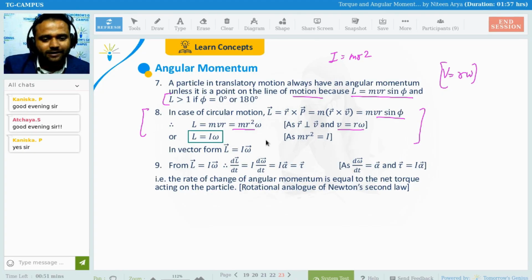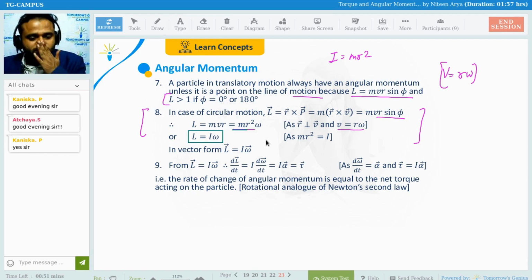This relation most students forget and don't use. Why so? Up to m V R, momentum times R when the momentum is perpendicular to R, obviously we can reach that, but we cannot easily remember that m R squared can be replaced by I, the moment of inertia.